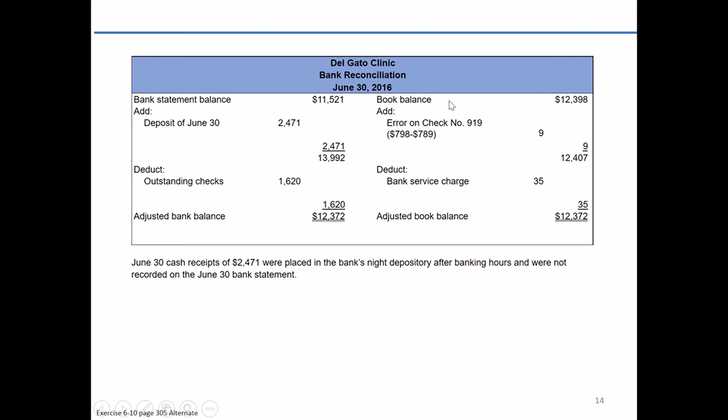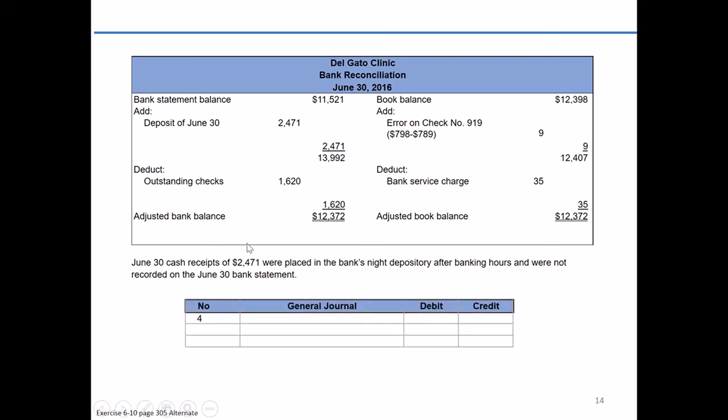So Delgado had already recorded it in his books as a debit to cash, but it was put in the night depository and the bank just didn't have a chance to process it as of the end of the day, June 30th. So while it's an adjustment we need to make to the bank side, there's no entry required. Again, anything on the bank side, no adjusting entry.